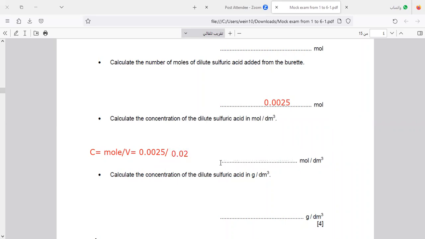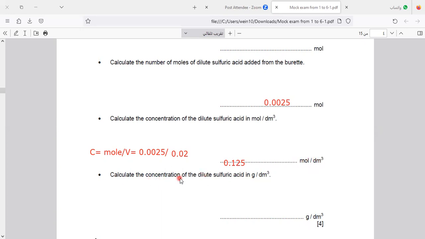Now make a division. 0.0025 divided by 0.02 will be 0.125. This is the concentration of the acid, with units of mole per cubic decimeter.